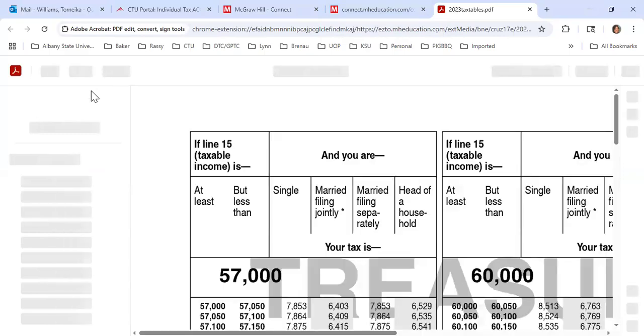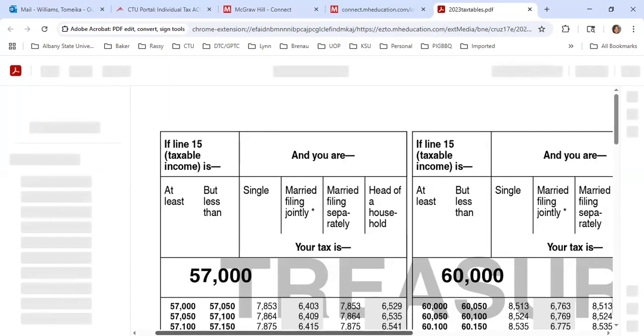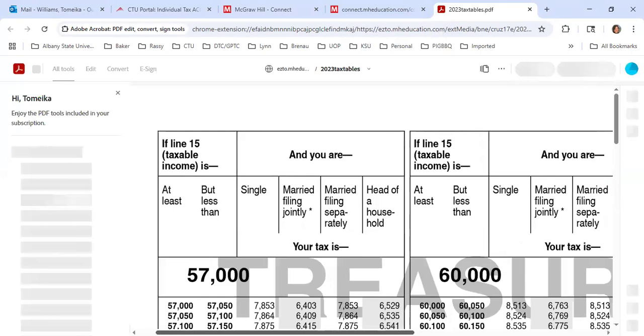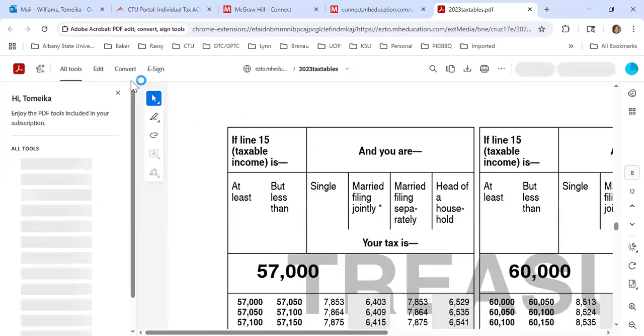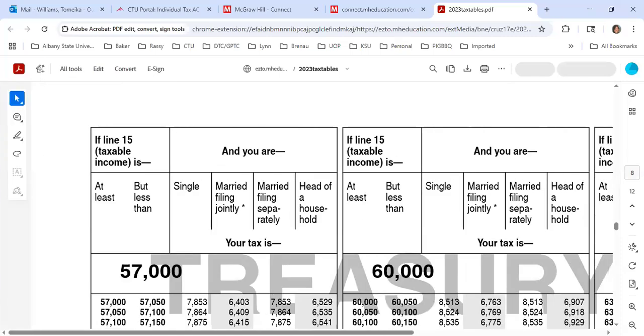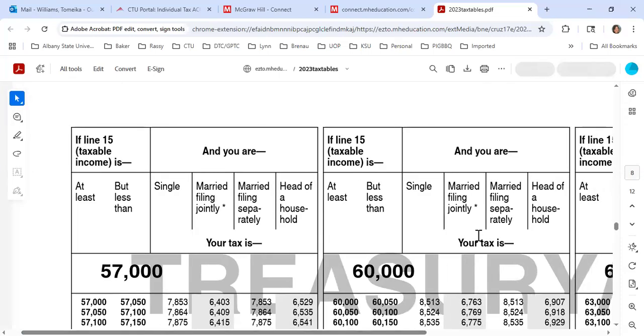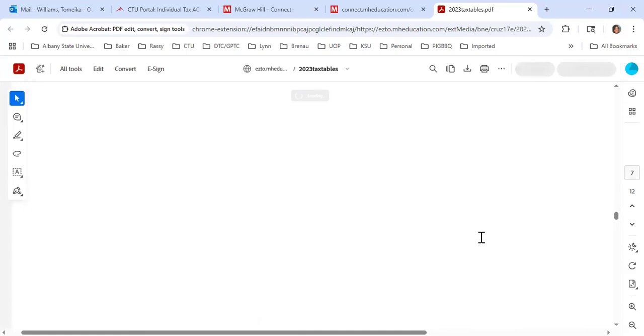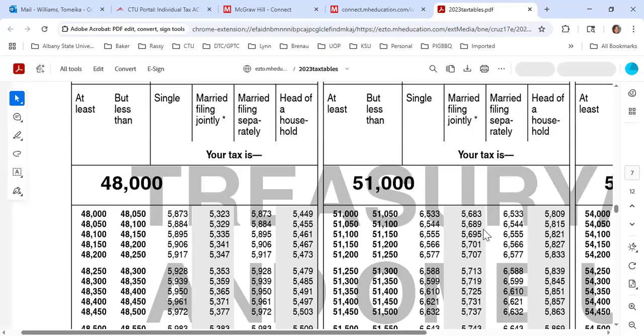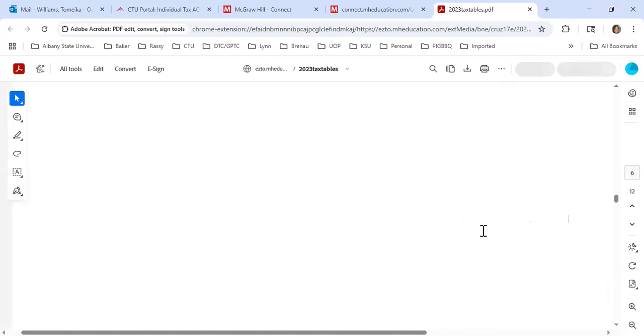Remember, this taxpayer is not married filing jointly, but head of household, which is the fourth column here. The taxable income was 30,116, so we're going to go up to that 30,000 range.